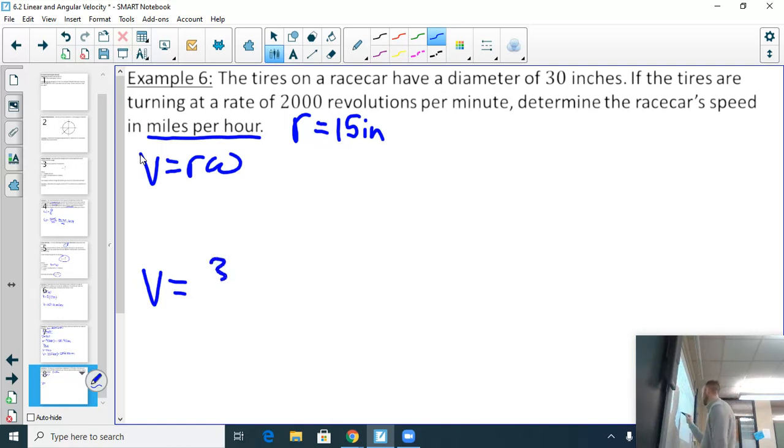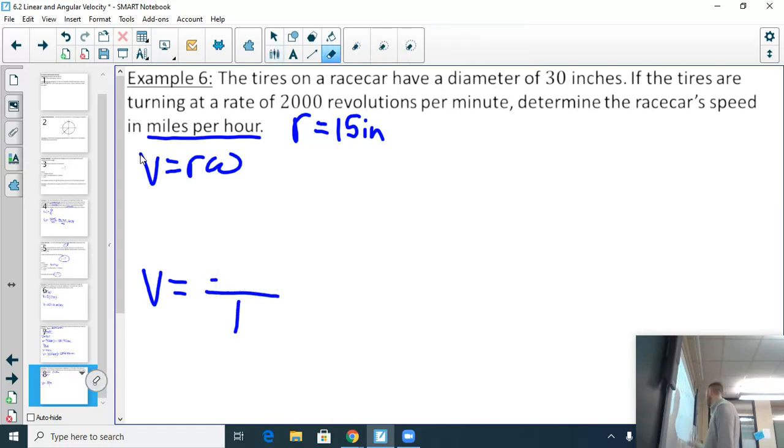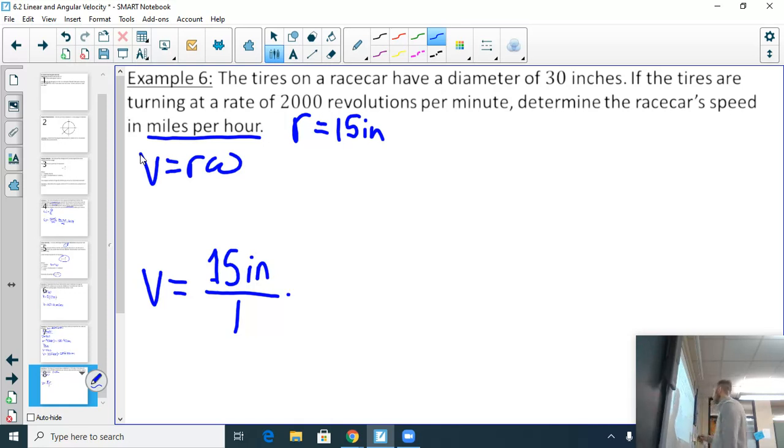Our radius is actually 15 inches, and then we're going to want to multiply that by, there's 12 inches in 1 foot, because I want to get rid of inches.